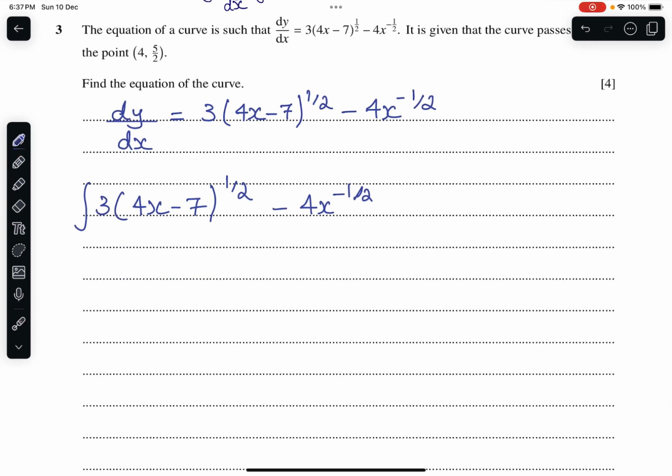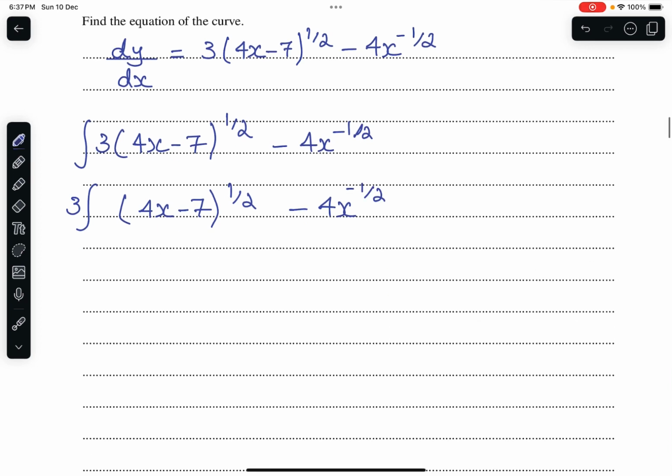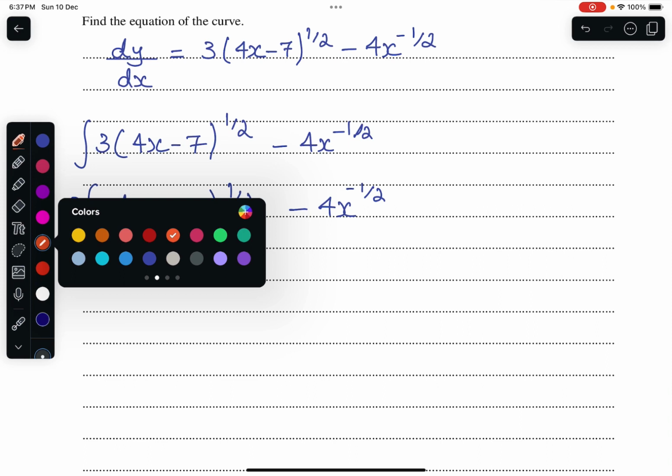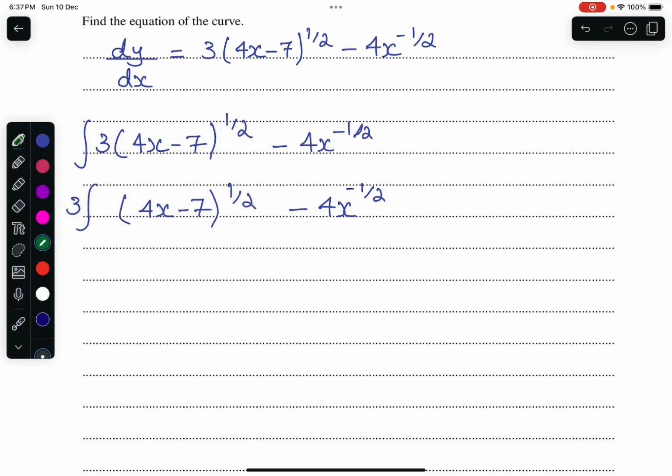All right, so what I'm going to do is take this 3 out and I'll write it as (4x minus 7). Now this is the basic rule of integration, that we have to write the differentiation of the box outside.